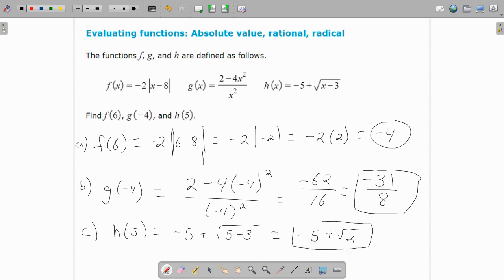And there's nothing we can do there, so we're all set. Your calculator will have the option to type the square root in there. Okay. So I plugged in 5 for x, negative 5 plus the square root of 5 minus 3. You can't combine these. This is outside the square root. This is inside. Don't combine those.